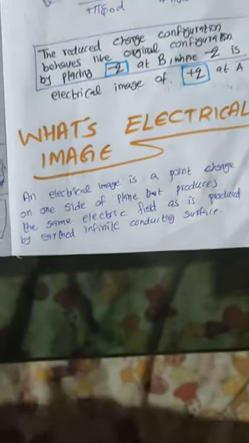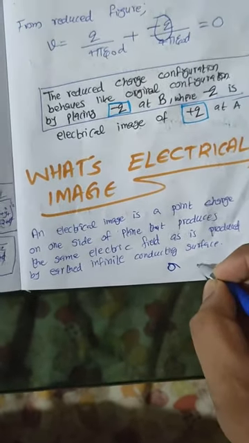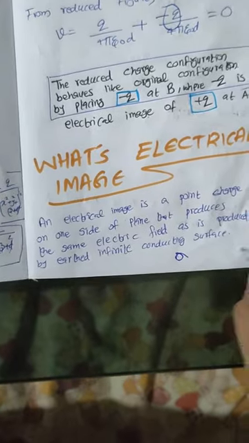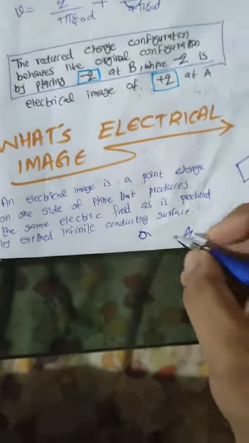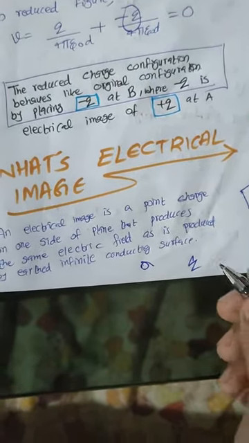So we have the plane sheet sigma, and we have the charge, consider plus q in this case. So these two charge configurations produce the same electrical field.